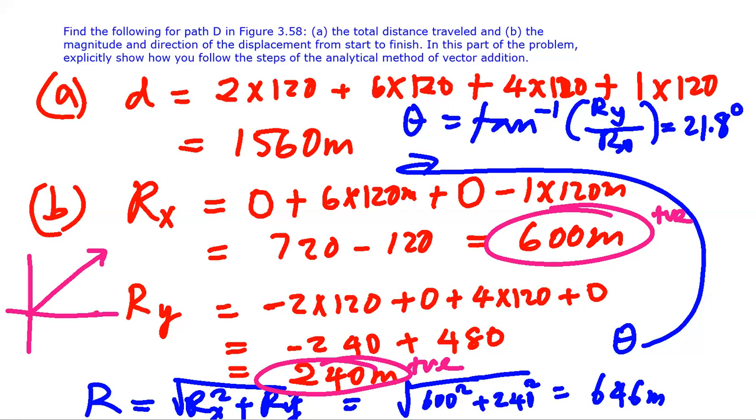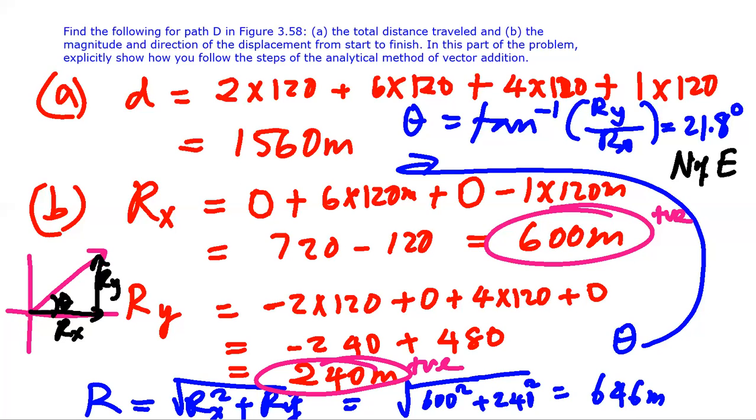Does that make sense? So a positive x component means the x component lies along this direction. So this is our rx, and then this is our ry, positive ry. So this angle that we found is 21.8 degrees north of east.